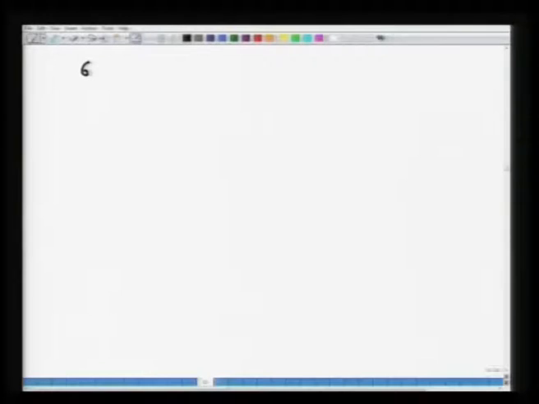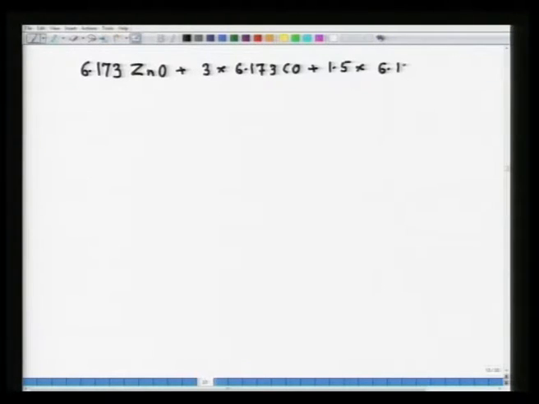So, let me write down now. I have 6.173 ZnO plus 3 into 6.173 CO plus 1.5 into 6.173 O2 plus 3.76 N2. Now, O2 plus 3.76 N2 is 1 mole of air.